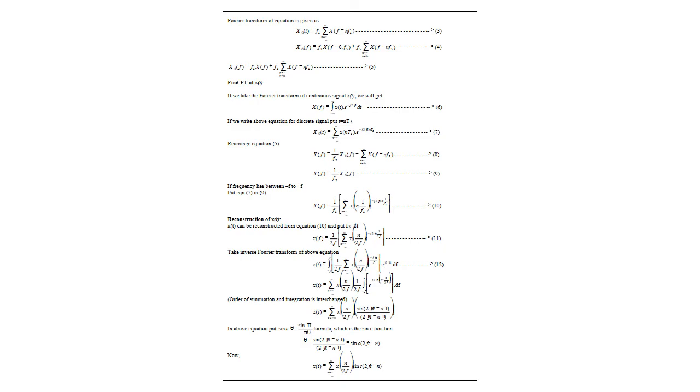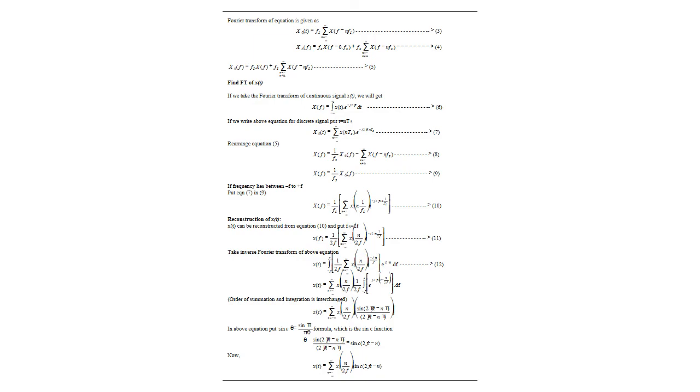So that is x(t) is equal to the summation n equal to minus infinity to infinity of x(n by 2f) times 1 by 2f integral from minus infinity to infinity of e to the power of j 2 pi f t into e to the power of minus j 2 pi f n by 2f df. This comes in the above equation, and we put sinc theta is equal to sin(pi theta) by (pi theta).